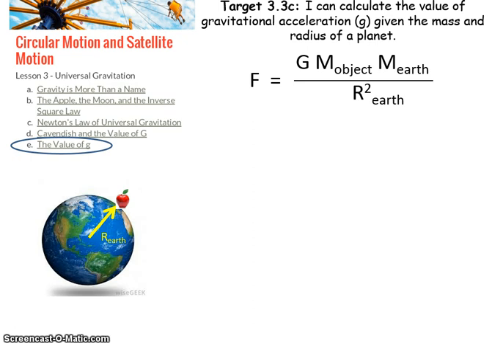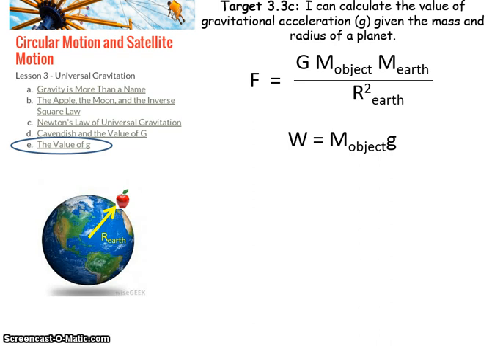Now our goal is to use this formula to somehow come back to the little g that we've learned about earlier in this course, that is, the 9.8 meters per second squared g. So how are we going to do that? Well, let's go back to the formula that we have been using to calculate the weight of an object. W is equal to mass times gravity, W equals mg.